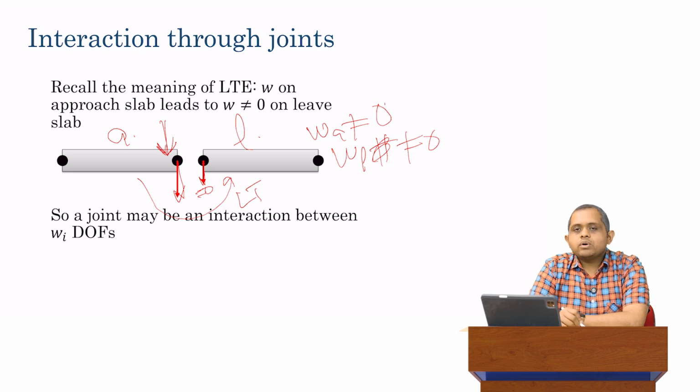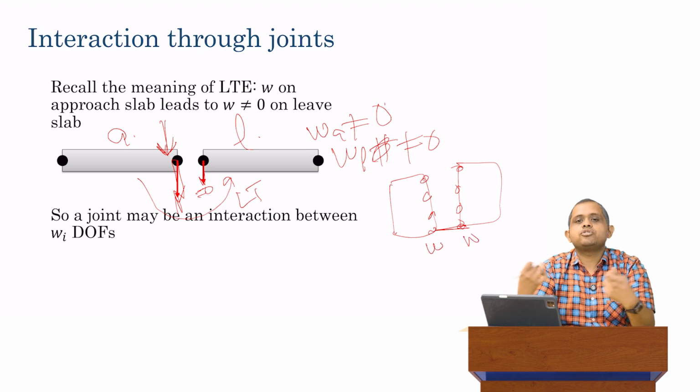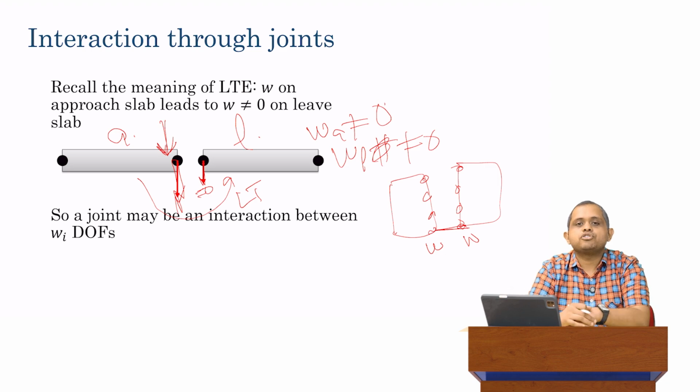So one way to understand how to model joints is that it's somehow an interaction between W. If you have the joint, of course drawing in an exaggerated way, but if you have nodes across from each other at joints, then the joint is basically some sort of connection between the W degrees of freedom of nodes which are facing across each other from the joints.